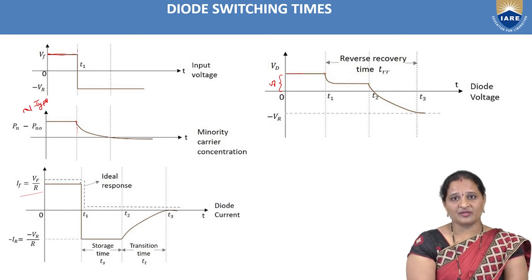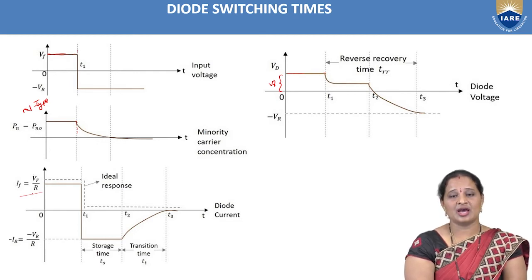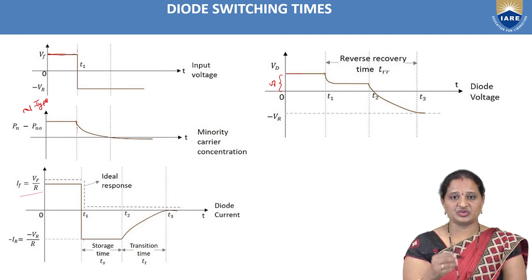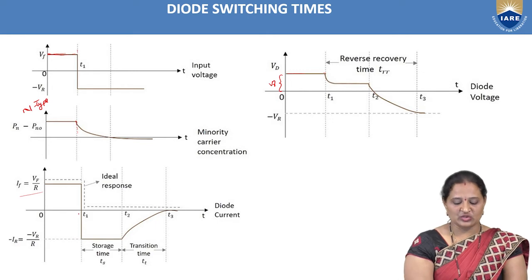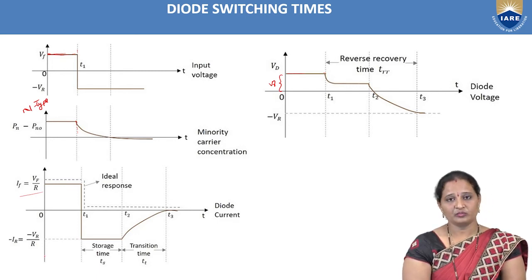Whereas under forward bias condition, the current is due to the majority charge carriers, which is why we represent it as positive. The current under reverse bias condition can be calculated by the formula minus VR by R.